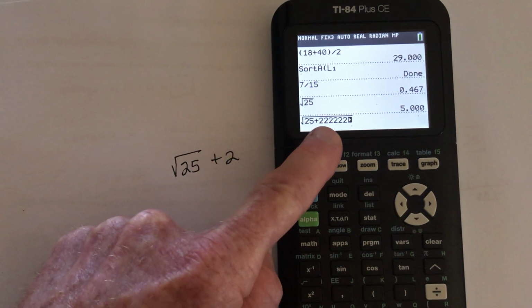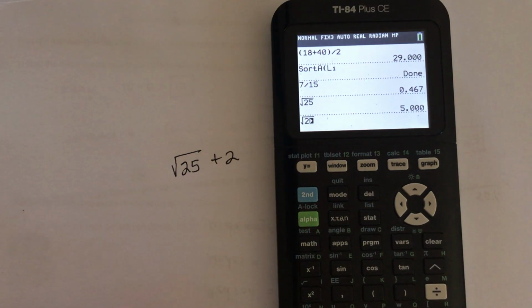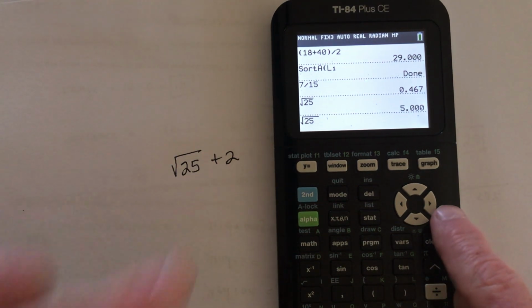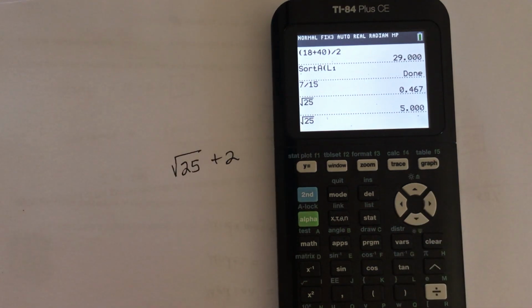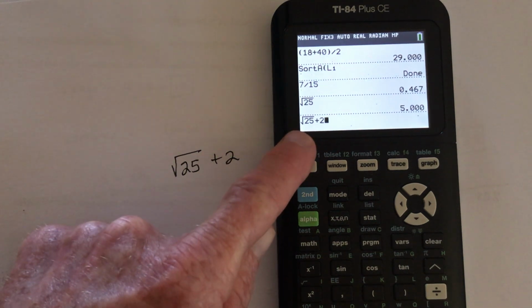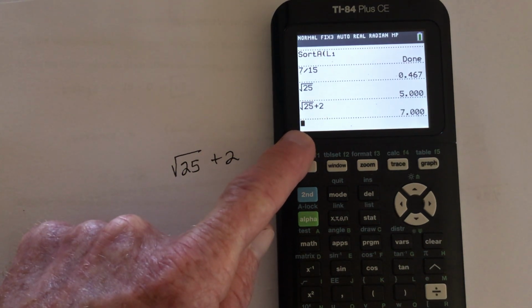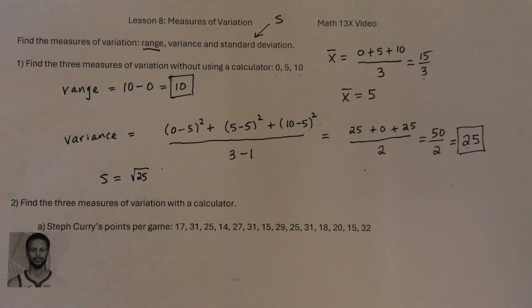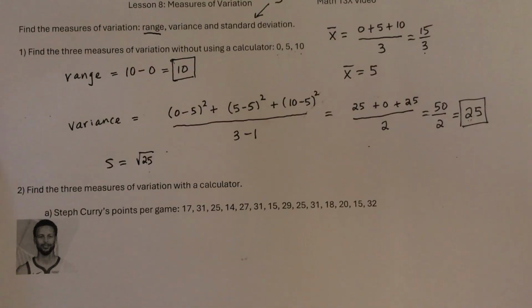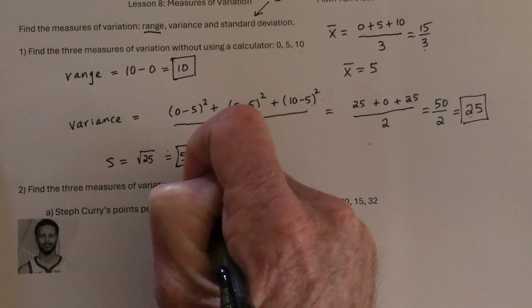So look at how the square root just keeps continuing and continuing, and that's not what I wanted. I wanted square root of 25, and the little arrow right here is saying if you go to the right, it will stop the square root, and then plus 2. So this means take the square root of 25, which is 5, plus 2, and it should equal 7. Oh, good job, calculator. Okay, so we've now got the standard deviation.